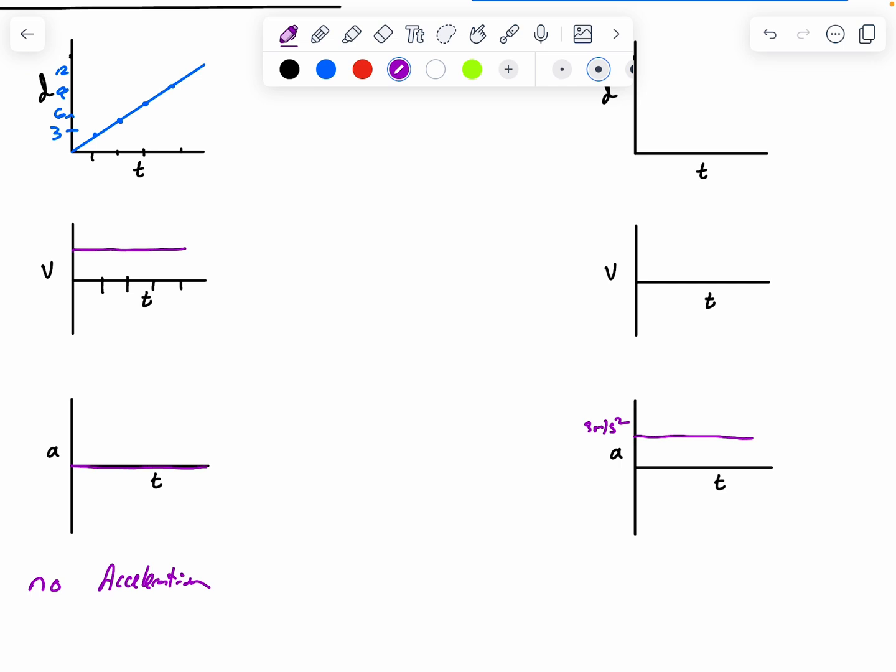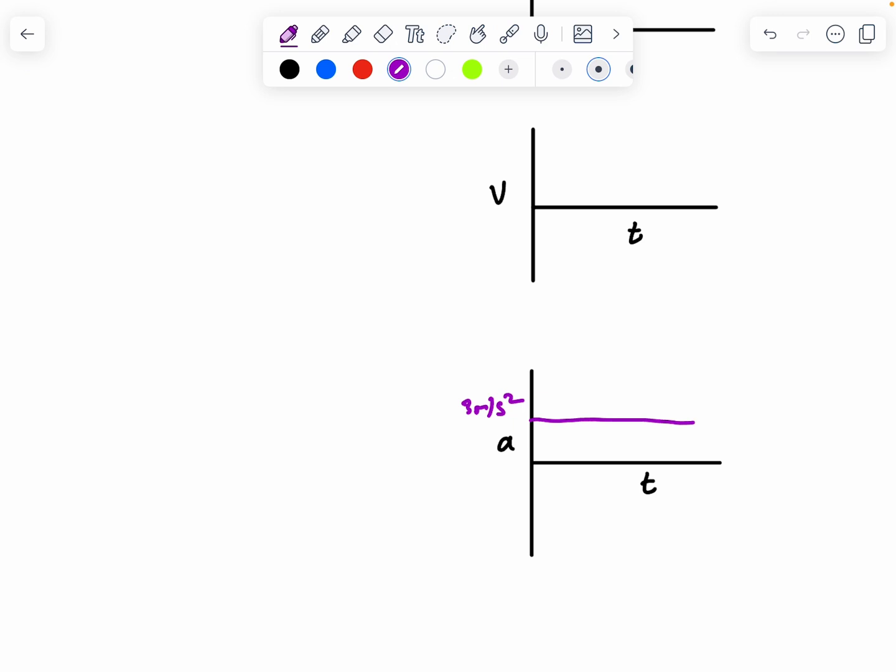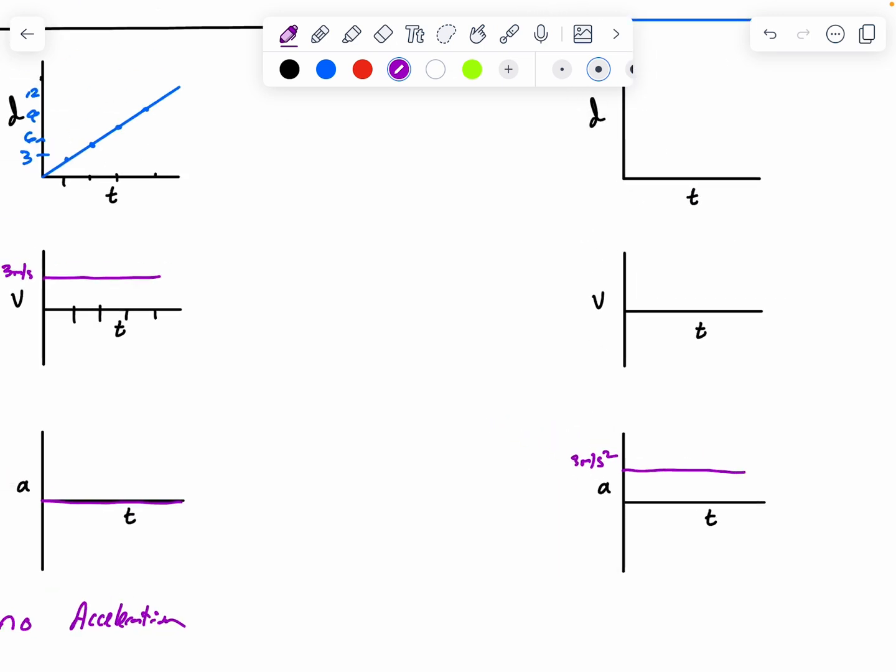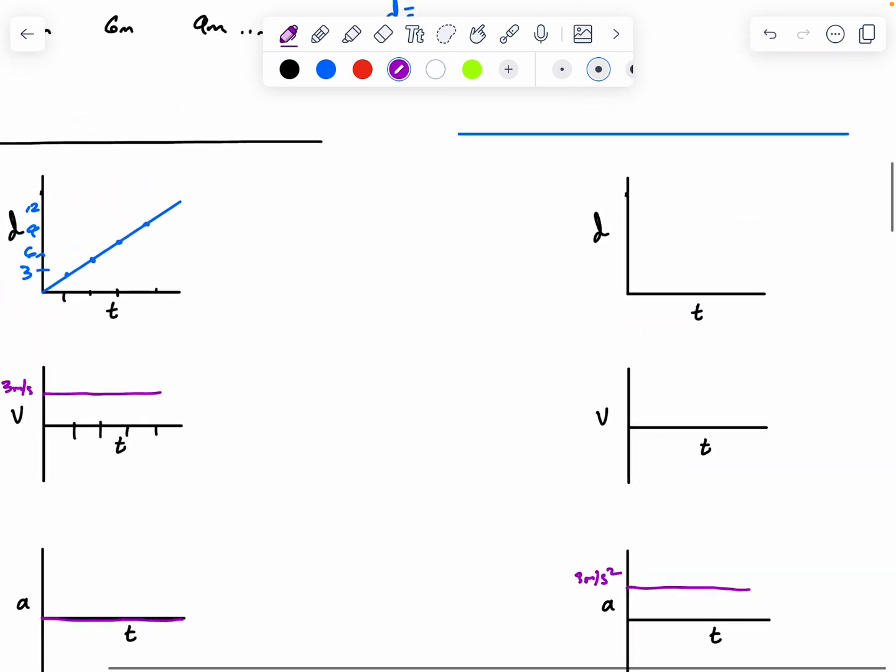Just like on the velocity graph over here, it was uniform and constant, a flat line at 3 meters per second, so the velocity didn't change. In our example here, the acceleration isn't going to change. But that means the velocity will change at a constant rate. Okay, so that's going to look like this, just like our distance did before.